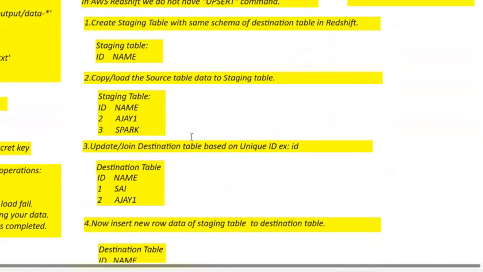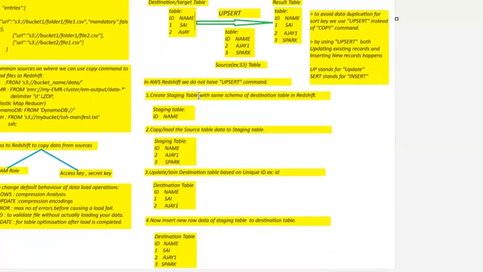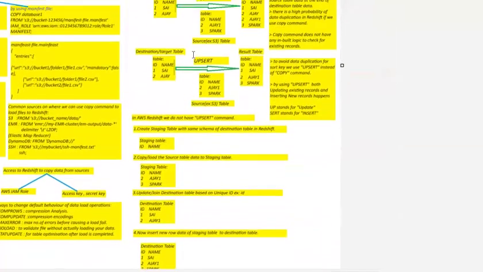We just need to write those whole commands in a single file and run it once, so that all these upsert command things will happen. So this is about upsertion of your table.